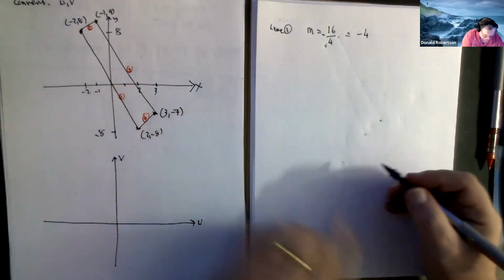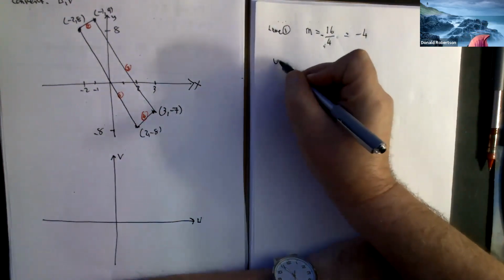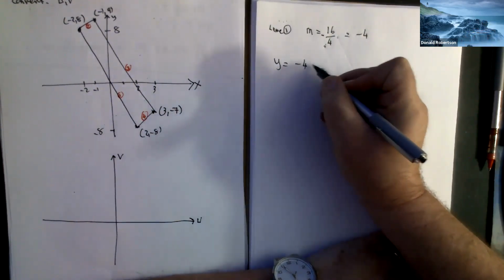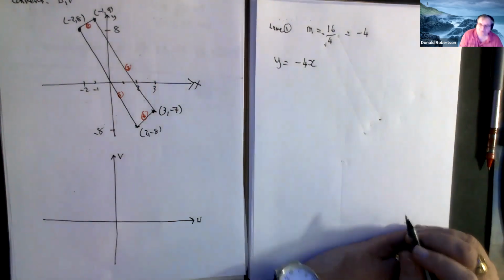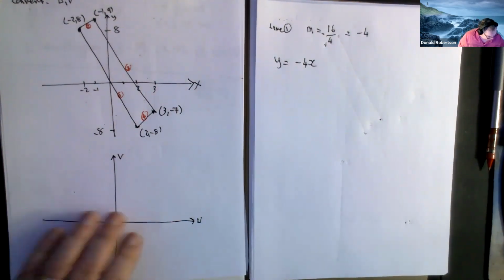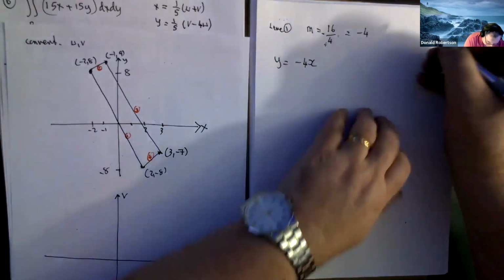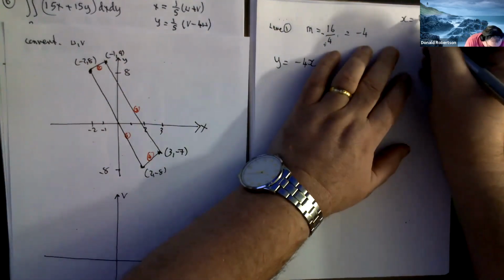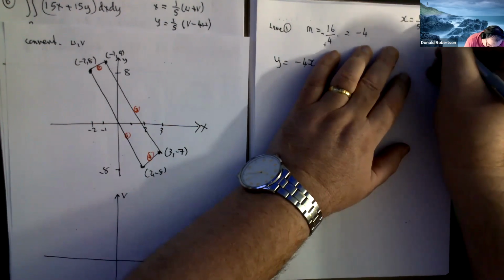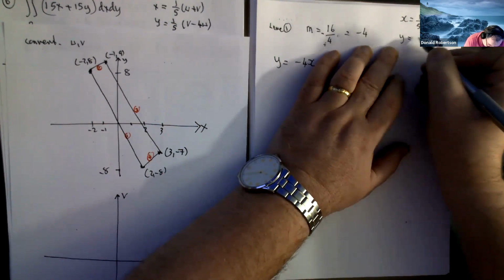And I know it's passing through the origin, so I now have the equation: y equals -4x. That's our first line. Put a little note of the guys I'm going to use up here, so I don't have to keep going back and forward between the two.